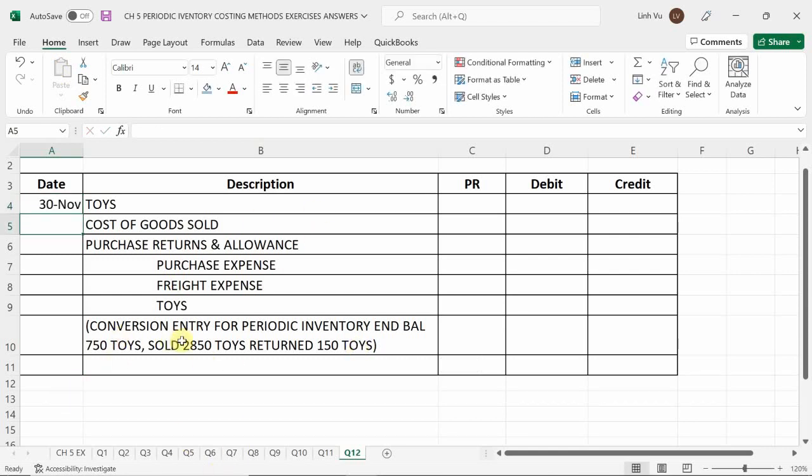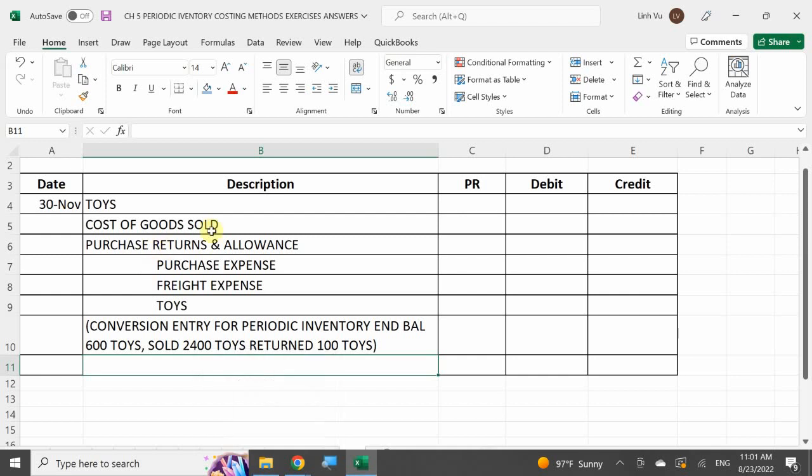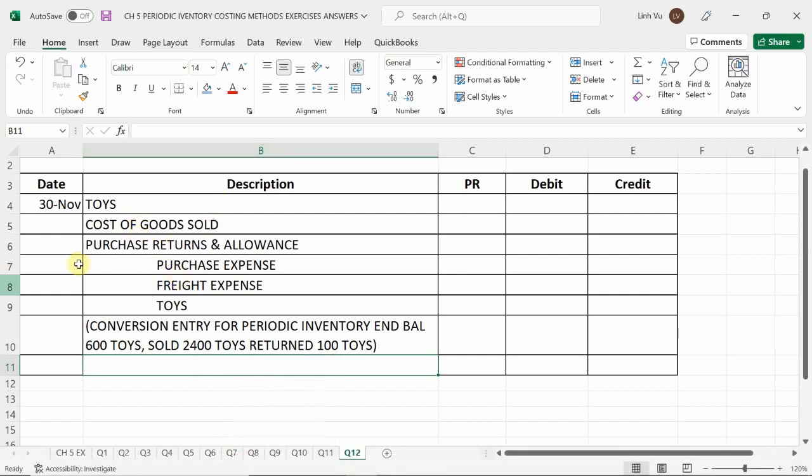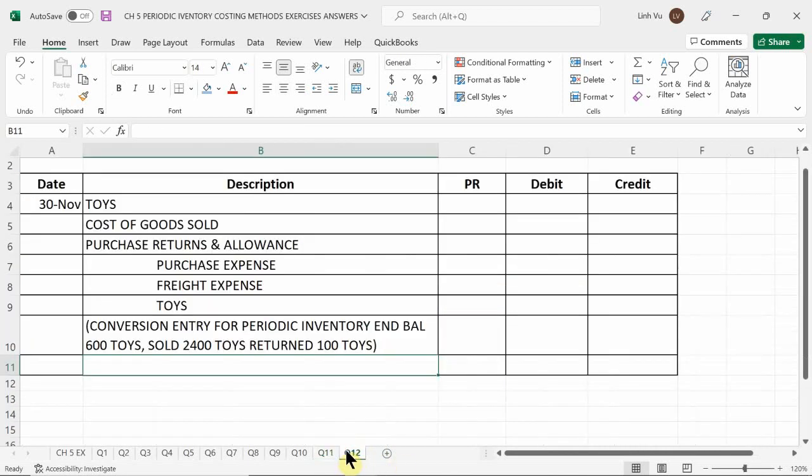Only difference is you had an ending balance of 600 toys. You sold 2,400 toys. And you ended up returning, I think it was 100 units, right? Let's see. Yeah, you ended up returning 100 units.